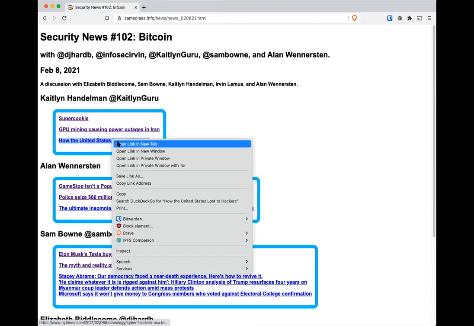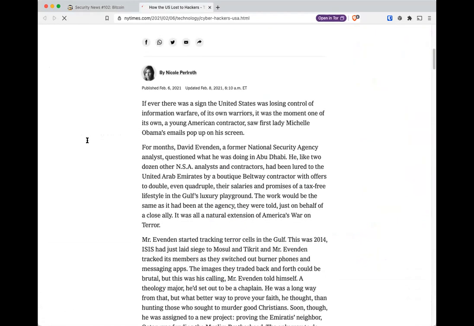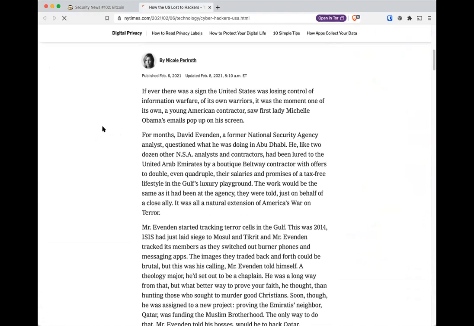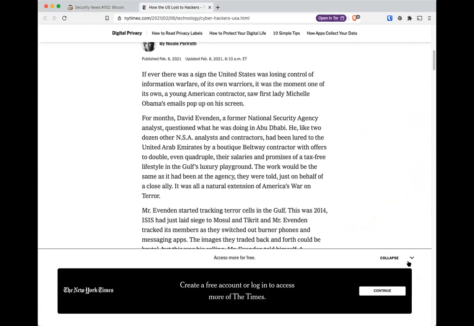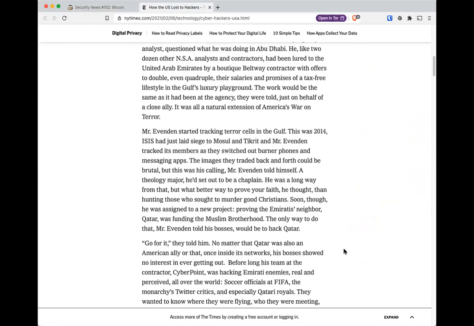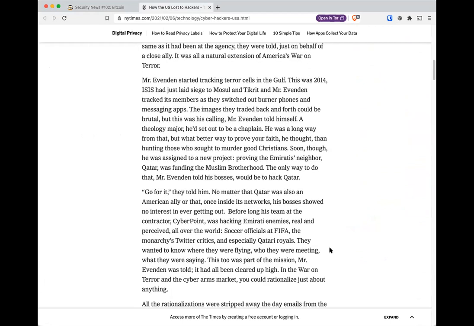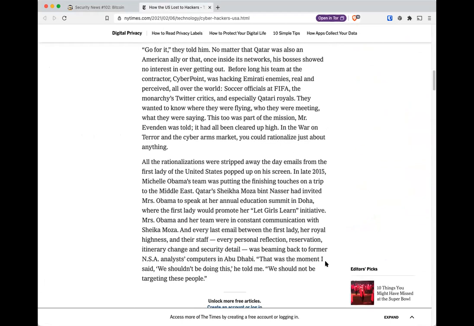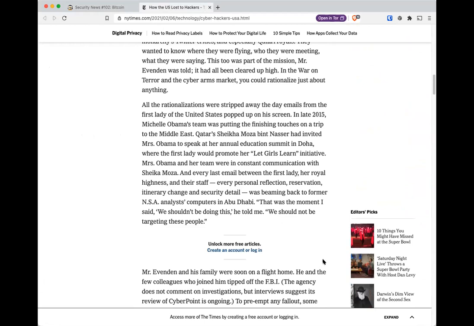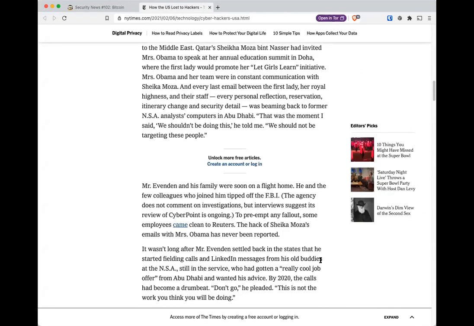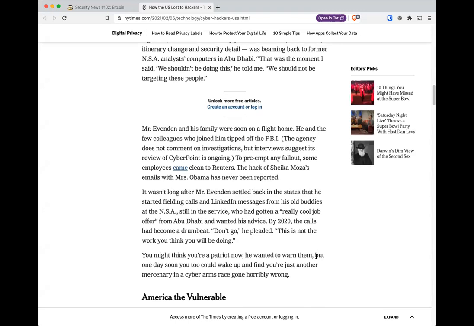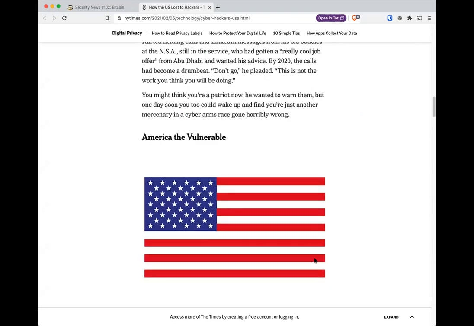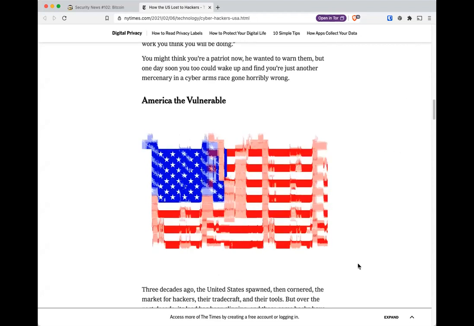All right, now for some bad news. So this article goes over basically the 10 to 20-year history of military and professional hacking by the United States government, and how we took our philosophy that we apply to traditional military operations and applied it to cyber operations, and it horribly backfired.